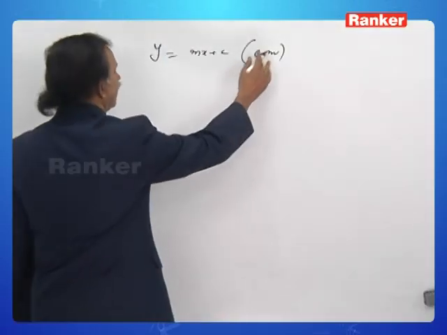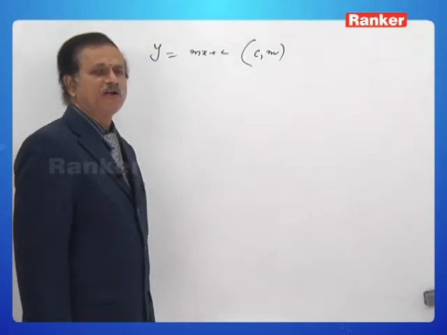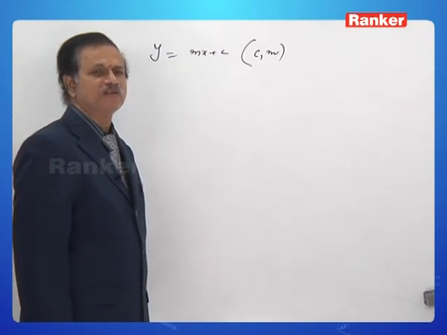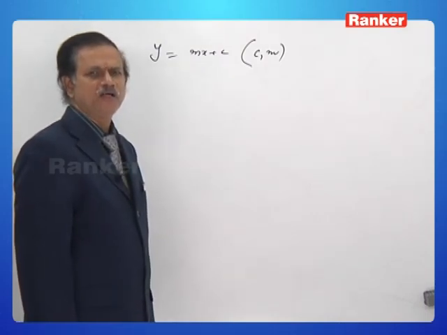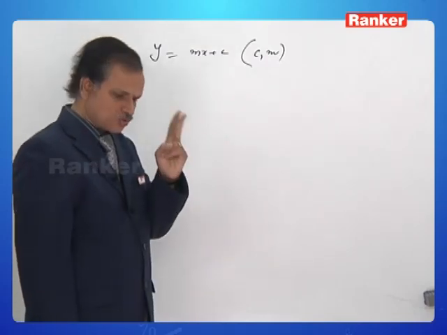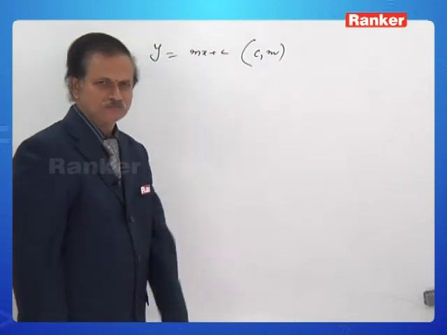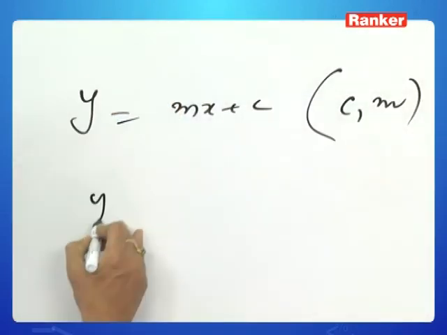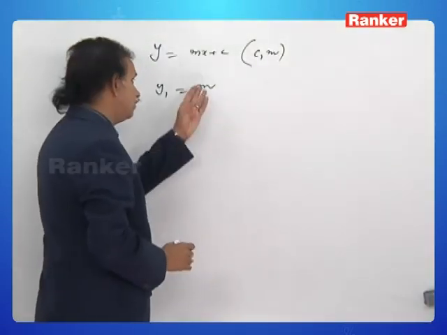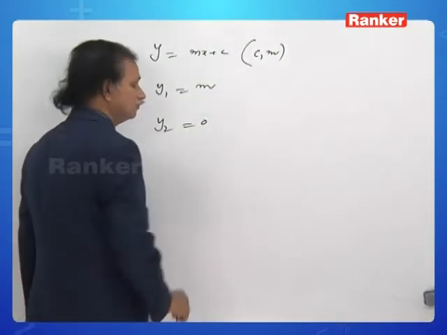Then there are 2 constants to be eliminated. In the beginning itself, you must have a fixed idea. What is that idea? How many times should we differentiate? 2 means 2 times only. Not less than 2, not more than 2. Come on. y1 is equal to m. y2 is equal to 0.